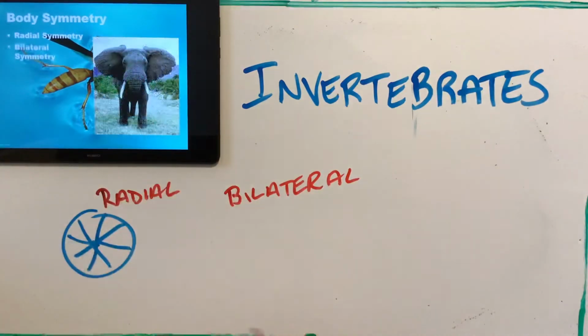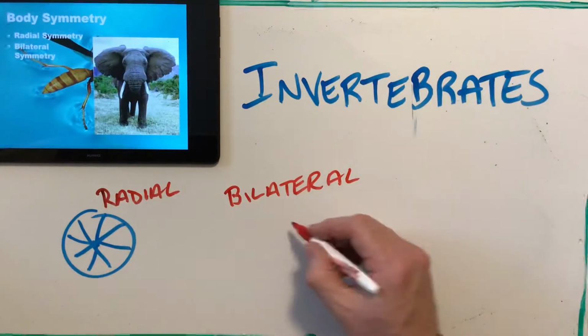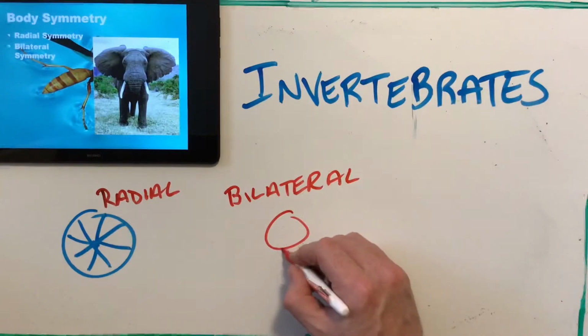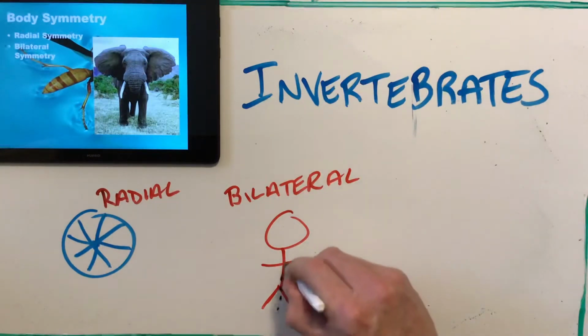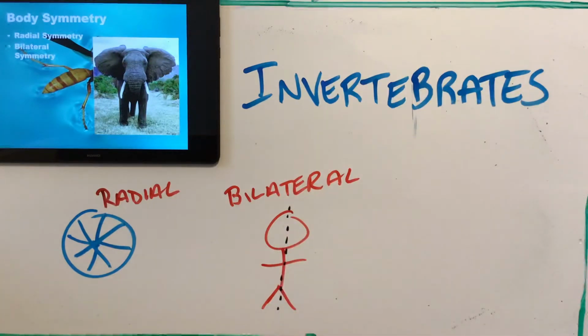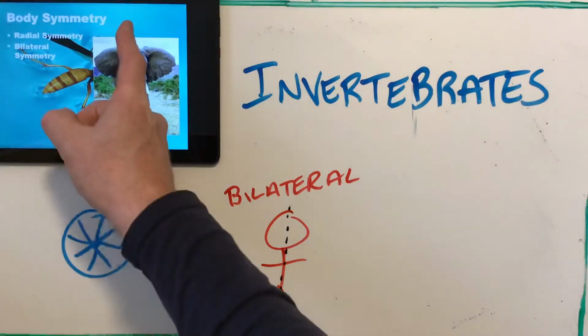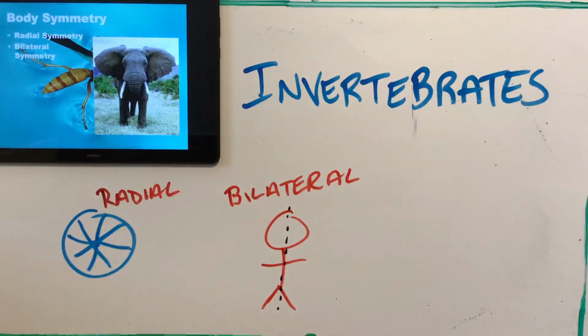Our example of bilateral in the PowerPoint is an elephant. I'm not quite that artist, so I'm just going to go like this and say if we cut right through the center of that, you'll end up with two of the same pieces, one being the mirror image of the other. So that's bilateral. If I came right down through the middle of the elephant, I'd have two equal halves of elephant.